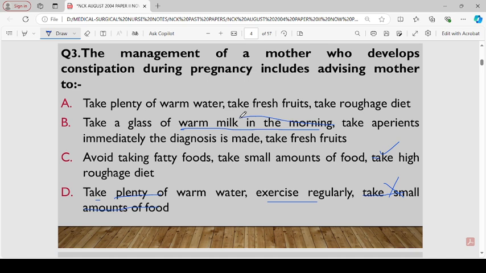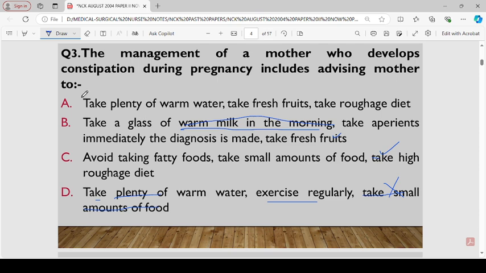This has nothing direct to do with controlling constipation. Taking aperients, do you know what aperients are? These are just laxatives, and they are not the first option. We have other better, simple options that we need to be focusing on. Taking fresh fruits, yes, this one is correct.